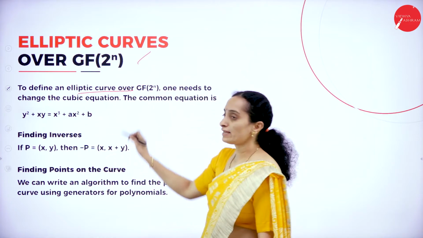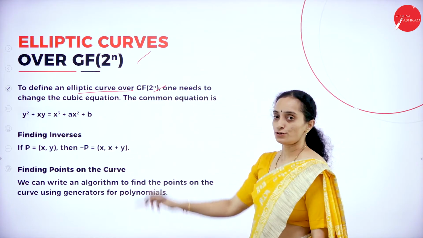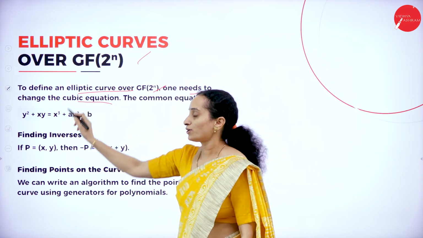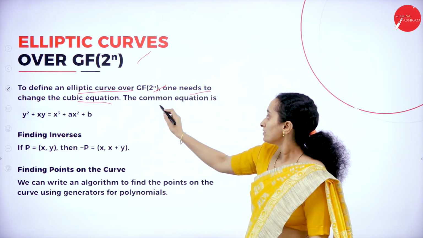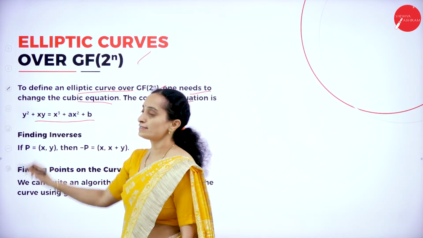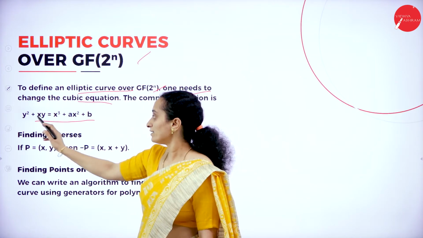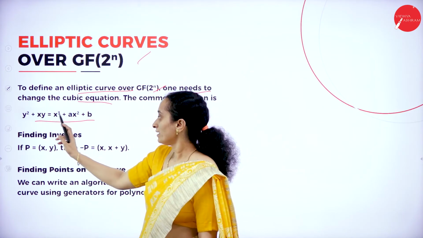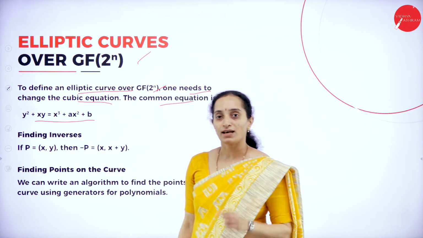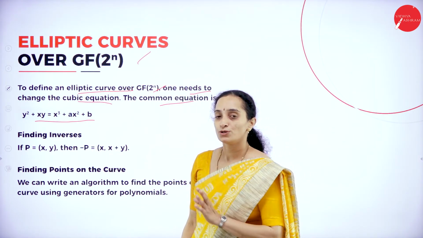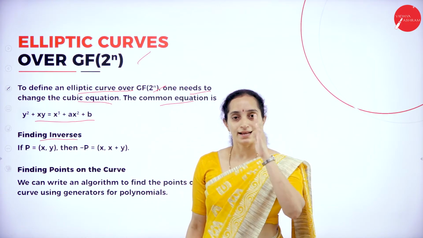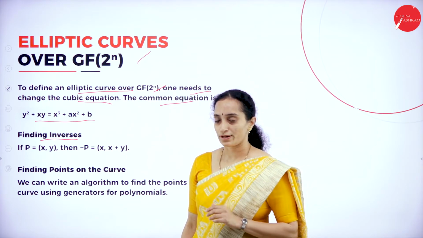To define an elliptic curve over a set of 2 to the power of n values, you need to change the cubic equation. The common equation we use, with the modification, is y square plus xy equals x cube plus ax square plus b. We are adding an extra xy term to the cubic equation, which helps in creating the elliptic curve over an axis.